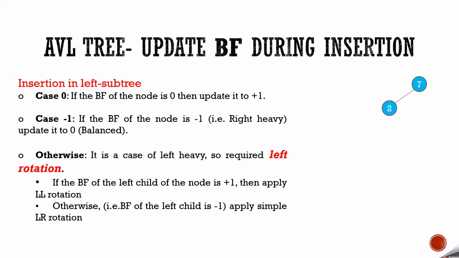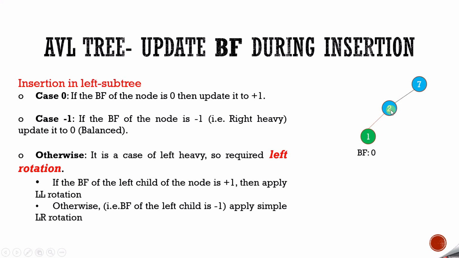Now, while inserting any node following the binary search tree rule, how am I going to adjust or update my balancing factor? See, in this particular example, I am adding a node to the already existing 3, 7, and 2.